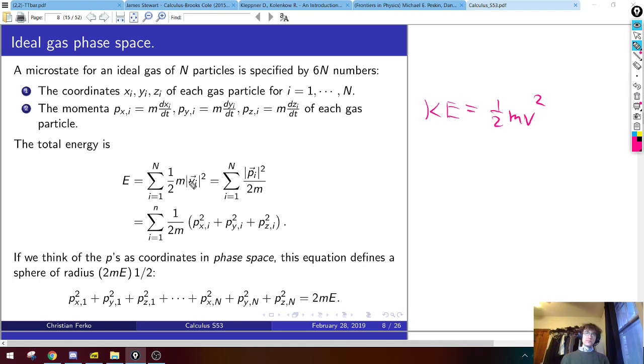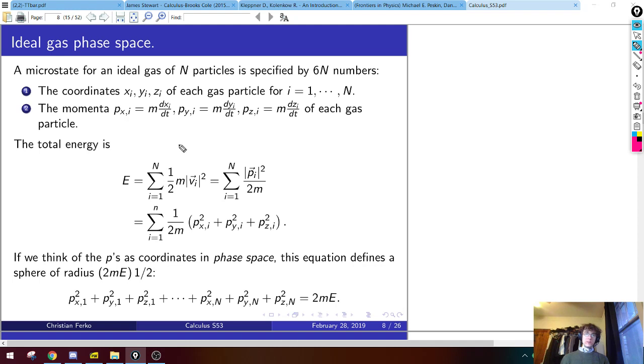So if I add up the kinetic energies of all n of the particles, if I add 1/2 mv squared for all, where v squared is now the vector v squared, so vx squared plus vy squared plus vz squared, if I add up all of this, I get the total energy. And now I'm just going to change variables a little bit to go from v to p, because it's more convenient.